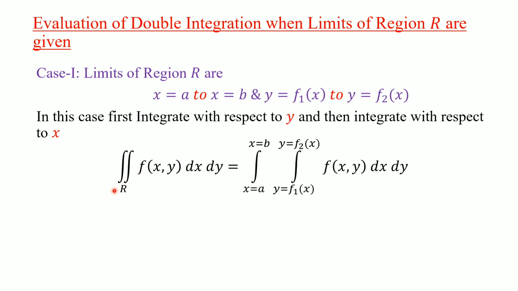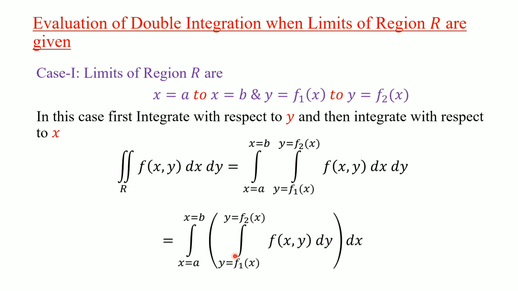So the double integral over R of f(x,y) dx dy is equal to this, where we are first integrating with respect to y, this bracketed term, and then we are integrating with respect to x. So whenever limits of x are constants and limits of y are functions of x, order of integration is first with respect to y and then with respect to x.